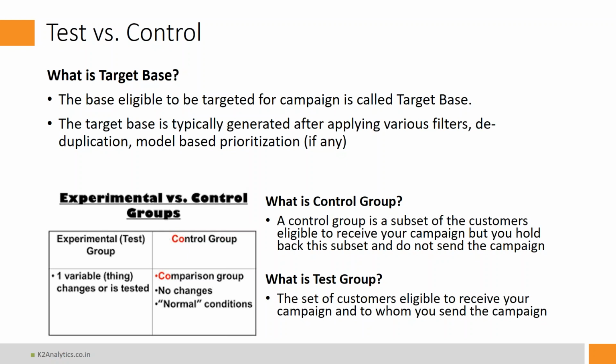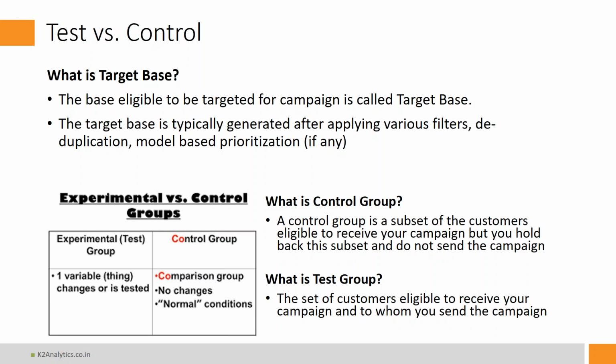The difference between 8 and 3 is because of the offer. This 50,000 to whom I don't send the offer, despite knowing that they are going to be churners, is called the control group. This is the concept of test and control.